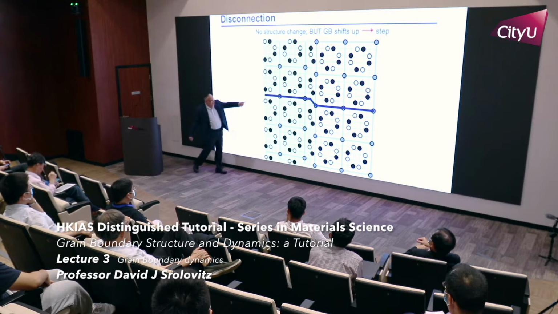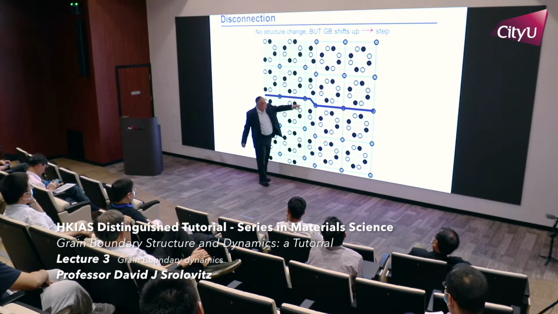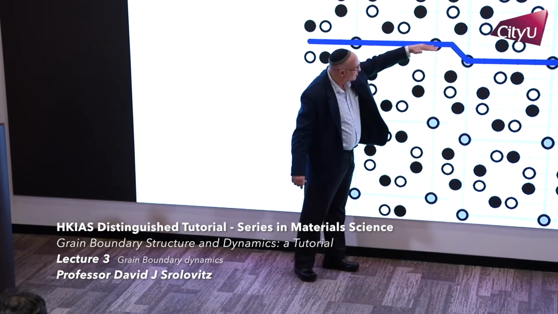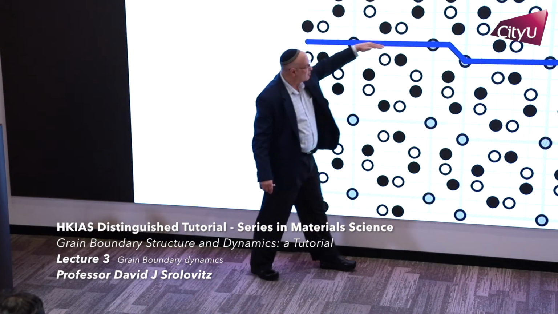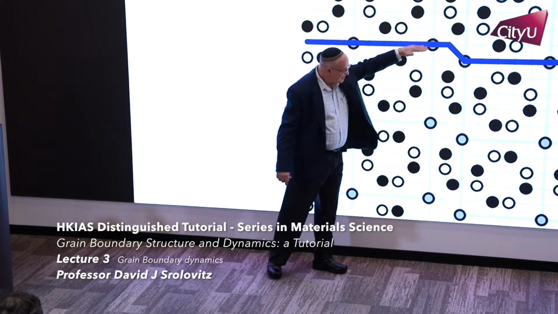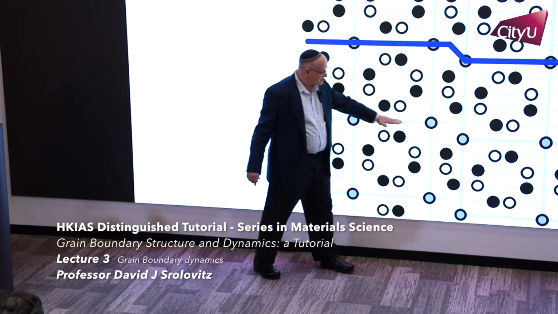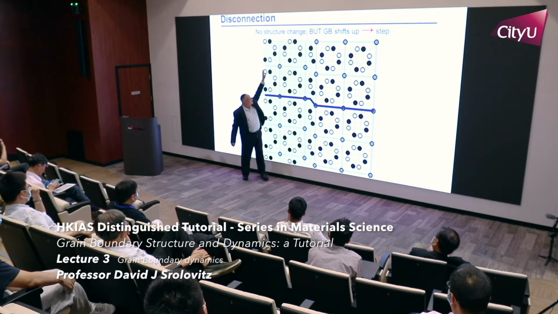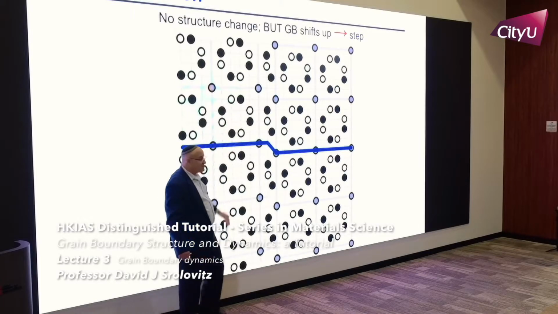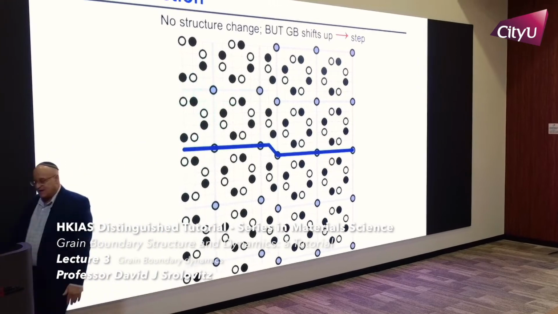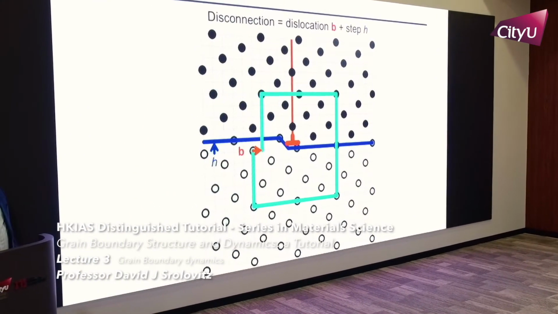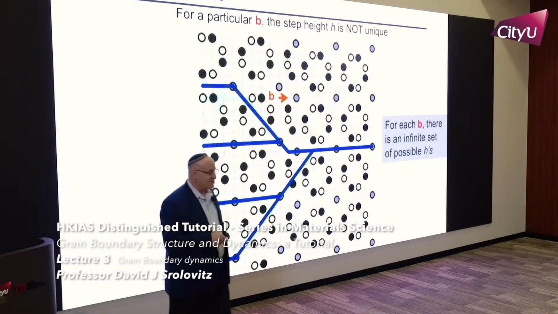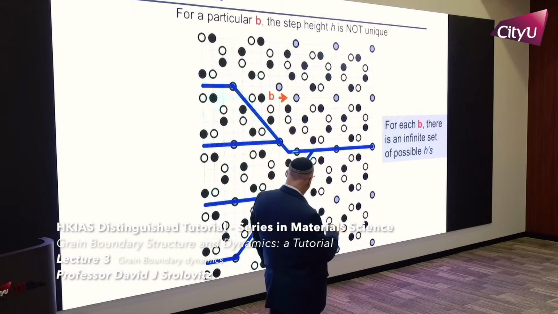So one thing I'll just point out here is, I threw out all the black atoms below these coincident sites. But I could have chosen this one, and thrown out all the black atoms below there. Or I could have chosen that one and thrown out all the black atoms below that. So in fact, as Professor Chen just noted, there's not just one step associated with this Burgers vector.